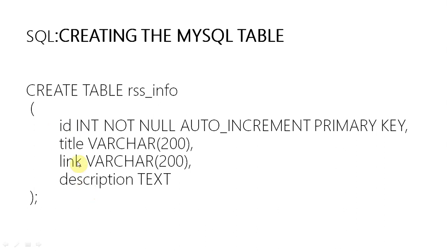So here we also have title, link and description, three fields in the SQL table, and ID is the primary key, so it will be automatically incremented and auto filled. We have the auto increment constraint here, and it is not null. So any value will be mentioned here for this ID field, and it is integer type.